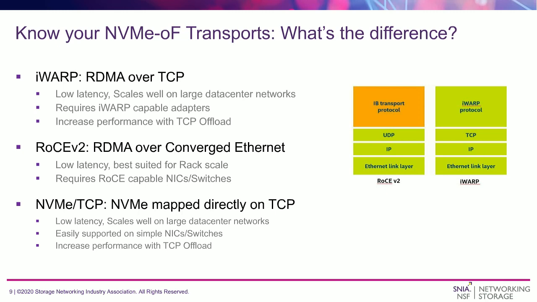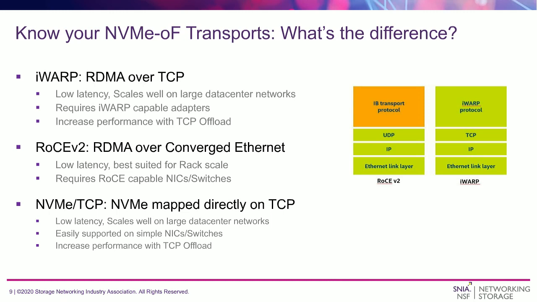RoCEv2, instead of being RDMA over TCP, it's RDMA over converged Ethernet. So we're kind of removing a layer there and implementing that in hardware. This too has low latency. It's really best suited for rack scale, so it doesn't have the same kind of scaling capability that you'll get with TCP.